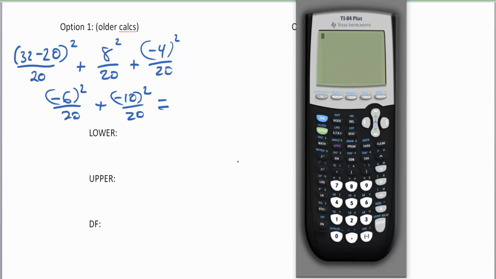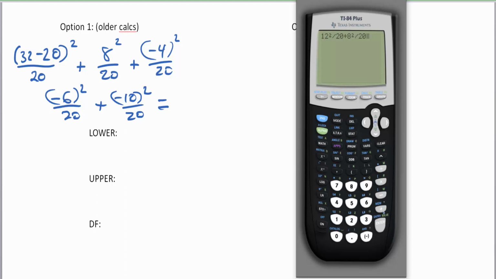So that's why when you do a problem like this, 12 squared divided by 20, and you see I just did the 32 minus 20, I didn't need the parentheses because 12 was a positive number. And same with 8 squared divided by 20.